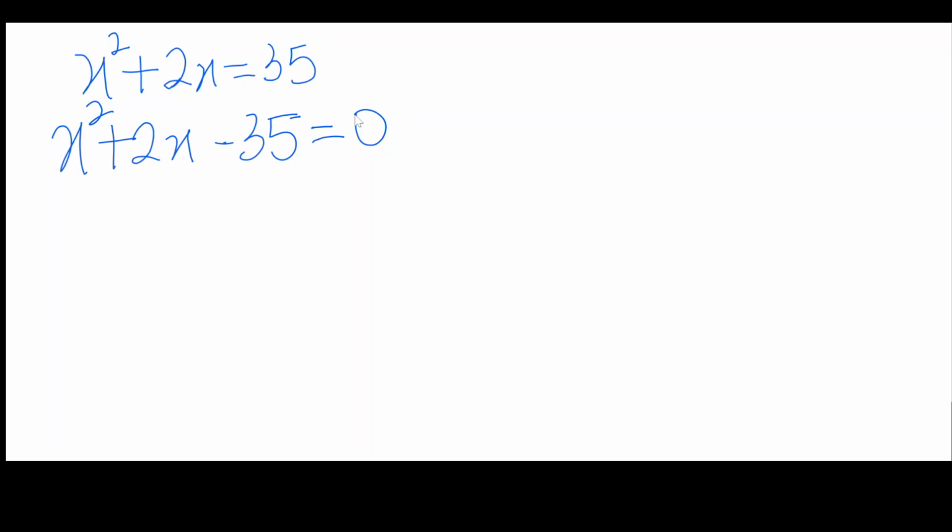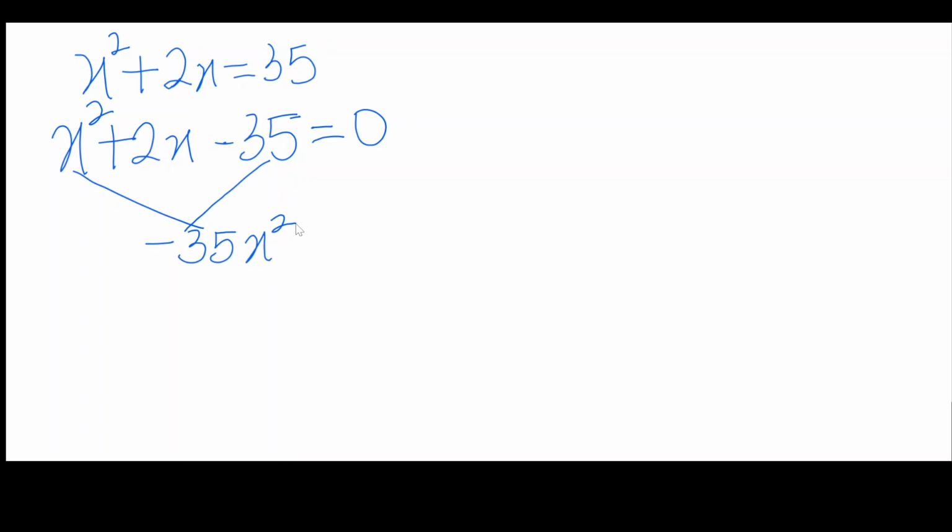Then after rearranging, we're going to be using factorization. Thankfully, in our previous videos, we've learned how to factorize a quadratic expression, especially a trinomial quadratic expression. So all we just need to do is multiply x squared by negative 35, so we have negative 35 x squared.